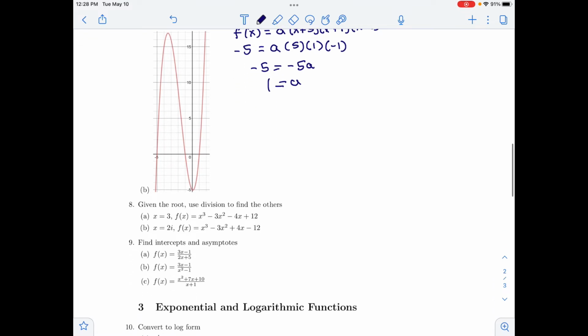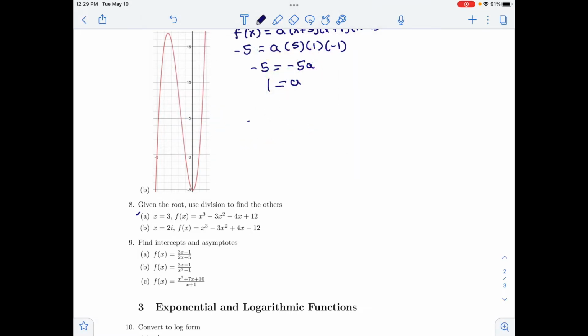Okay, now next, let's suppose we're given a root and we want to use division to find the other roots. So in this case, we've got x minus 3 as a root. So that means x equals 3 is a root, then that means that x minus 3 is a factor.